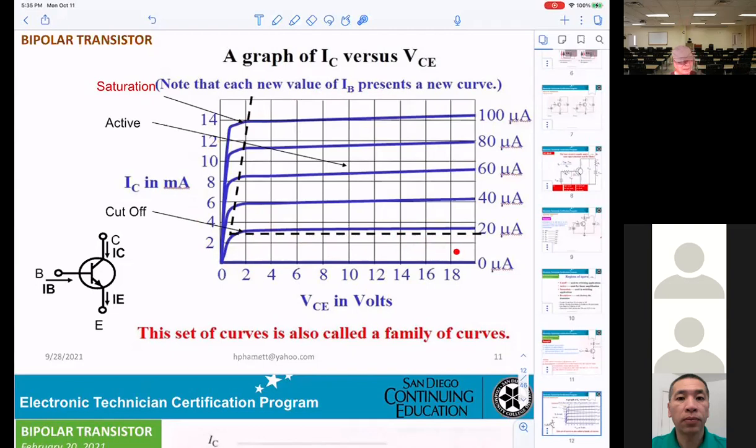Easy to understand: the cutoff region. That means the transistor is not working: IB = 0, IC = 0, IE = 0. And the area here is for saturation.